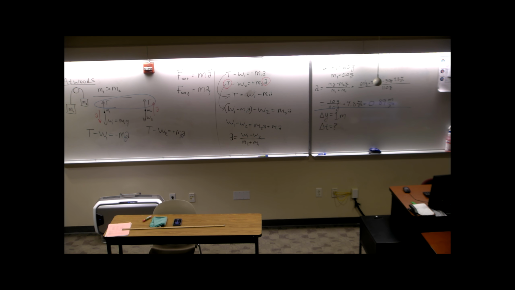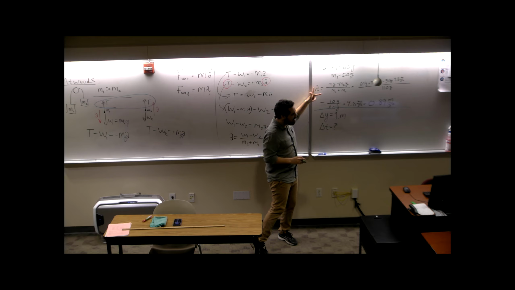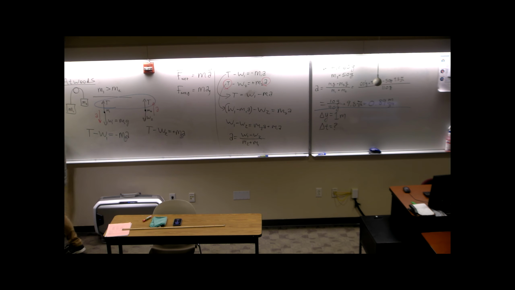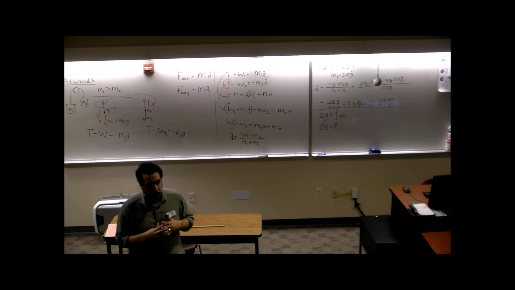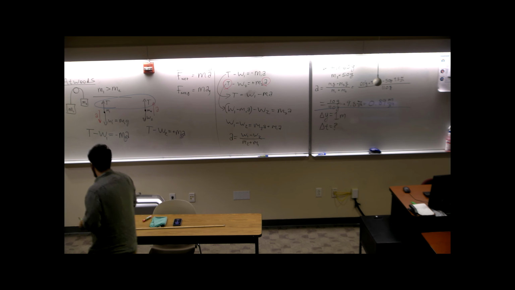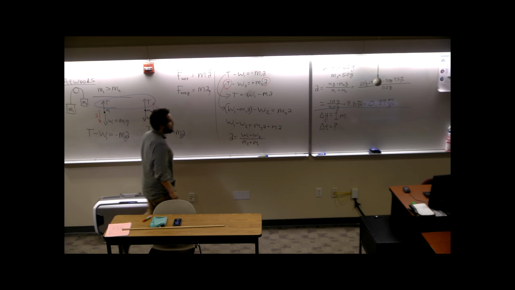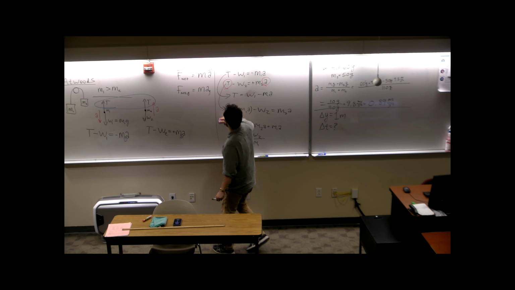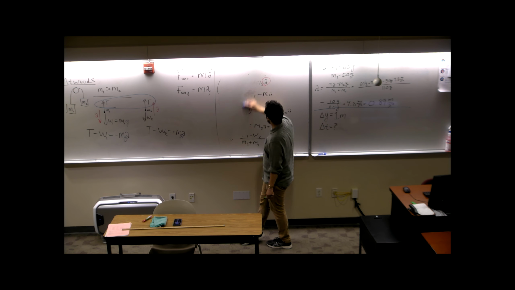From the free body diagrams, we've utilized Newton's second law, and from Newton's second law, we figure out the acceleration. Now we have the acceleration and the displacement. We can figure out the time from our kinematic equations. We stitch everything we've done this semester together in this way. So we implement our kinematics.